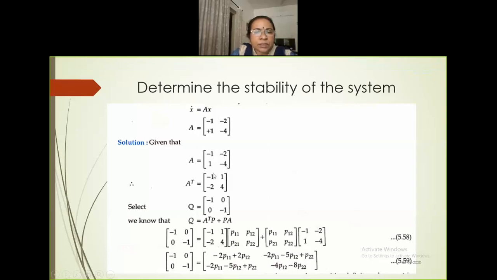Then you have to find A transpose. Then Q is equal to minus 1, 0, 0, minus 1. Why this minus 1, 0? Because you can assume it as a diagonal matrix. Then the equation for Q is A transpose P plus PA.